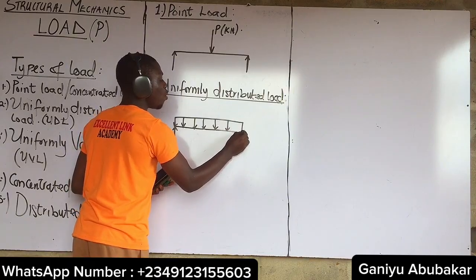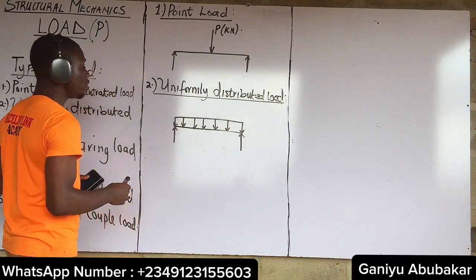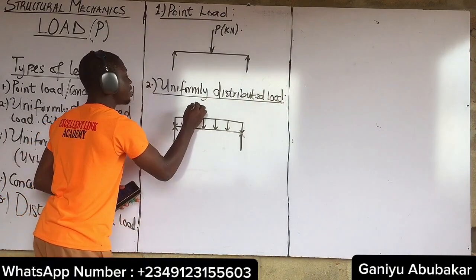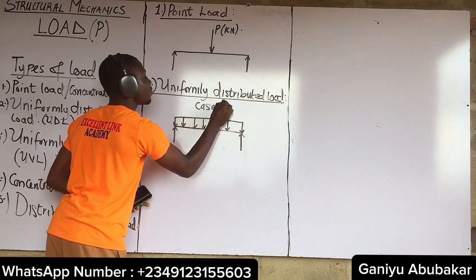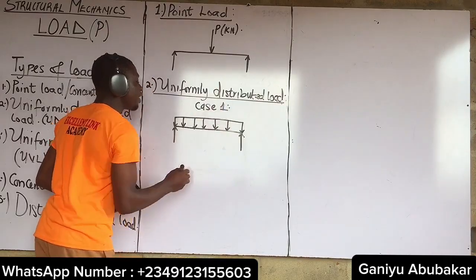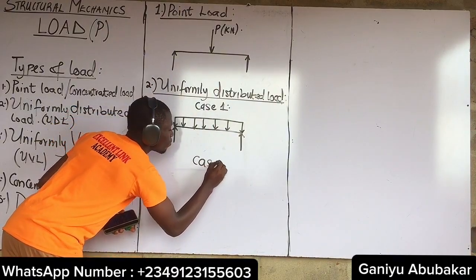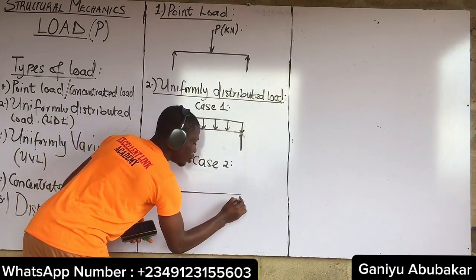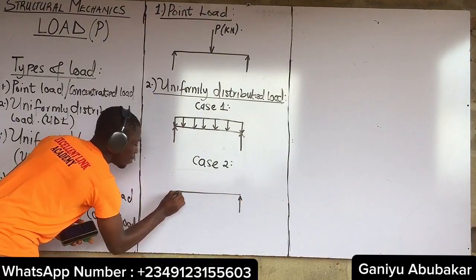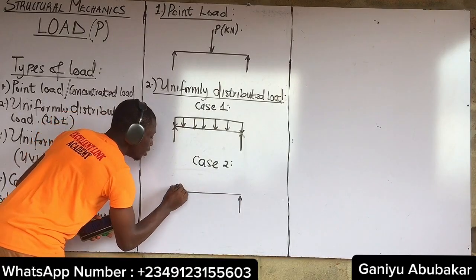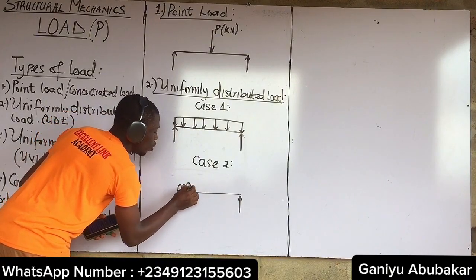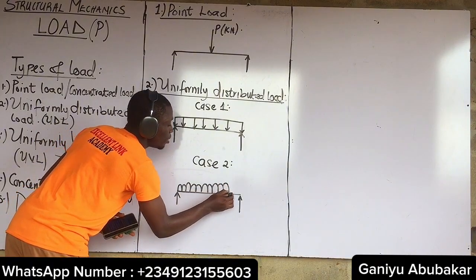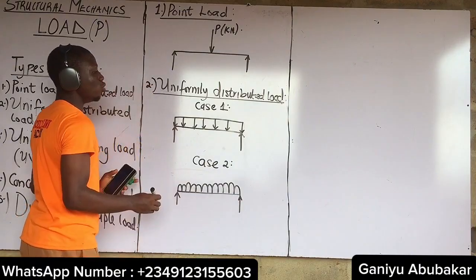So this is one way of representing this type of load. The other diagrammatic expression, case 2: I'll have a support system at this edge here and at this edge here. So when a load is in this form on a beam, it's said to be called uniformly distributed load.